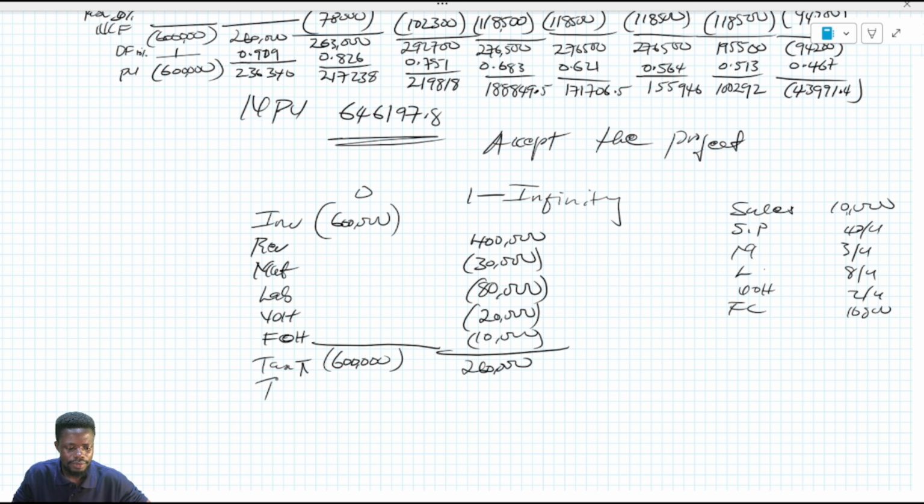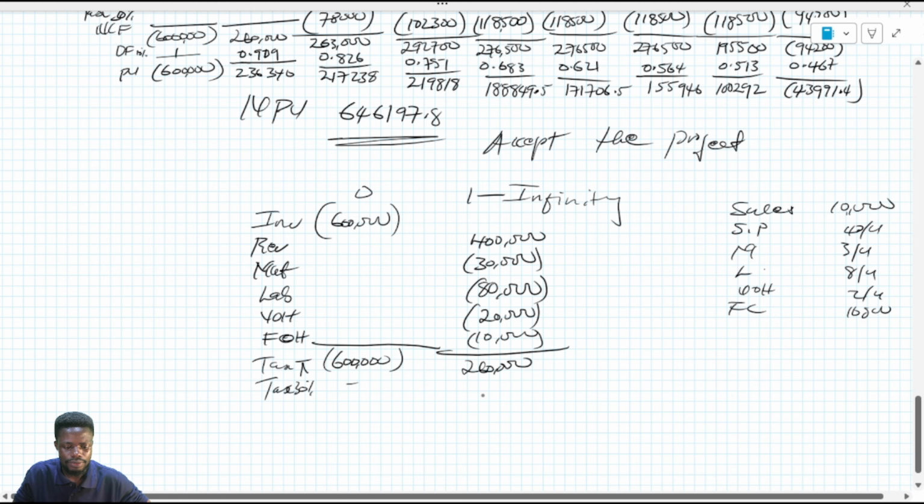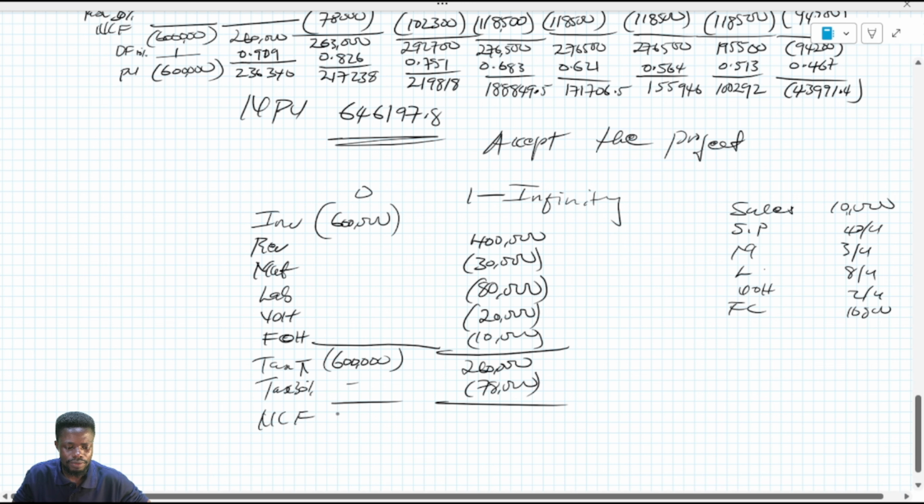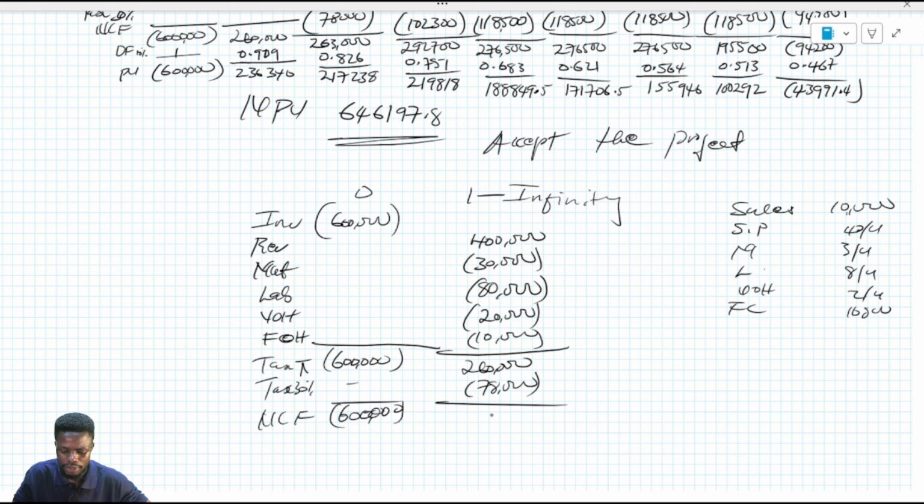What's your tax? 30% of 260,000 is 78,000. You take off tax, and that is your net cash flow, 182,000.